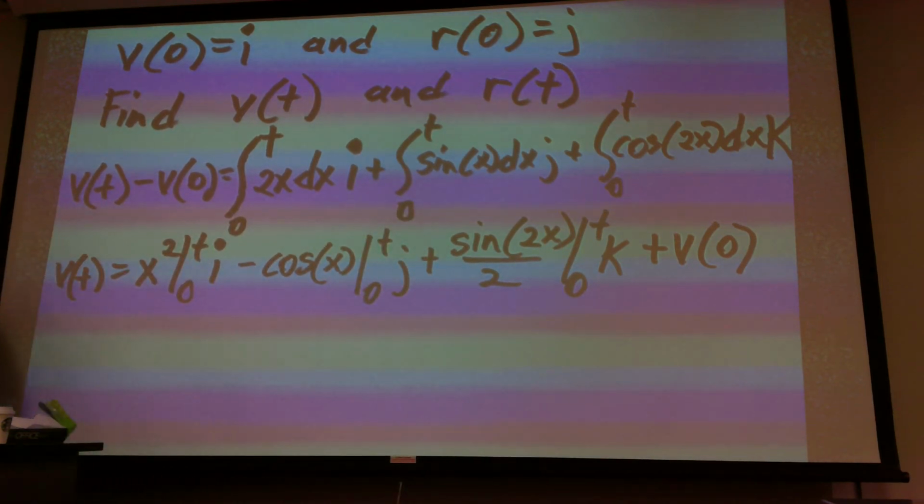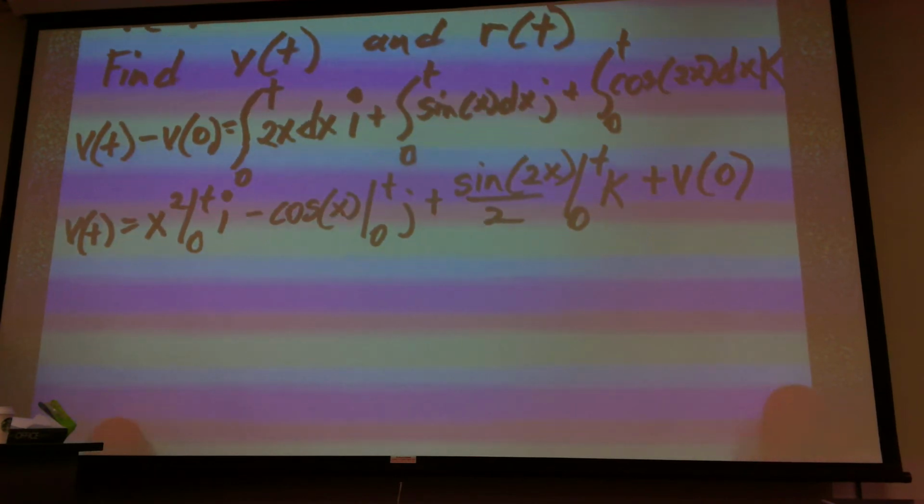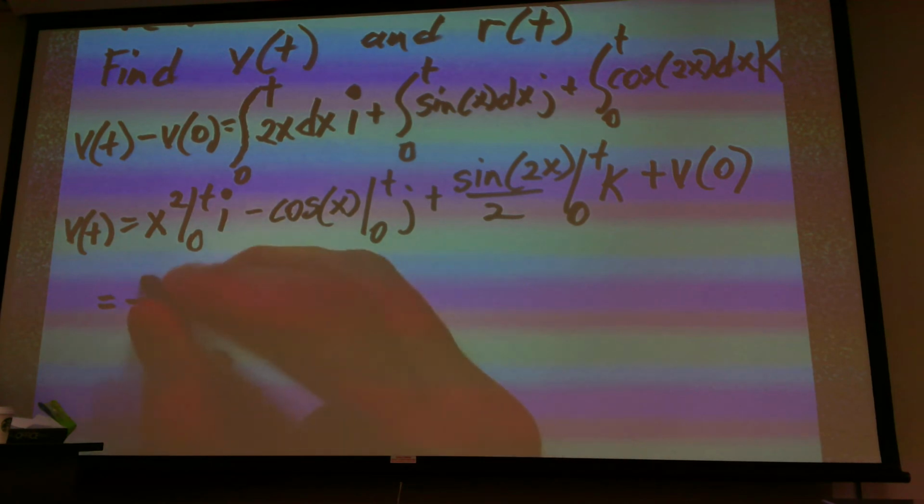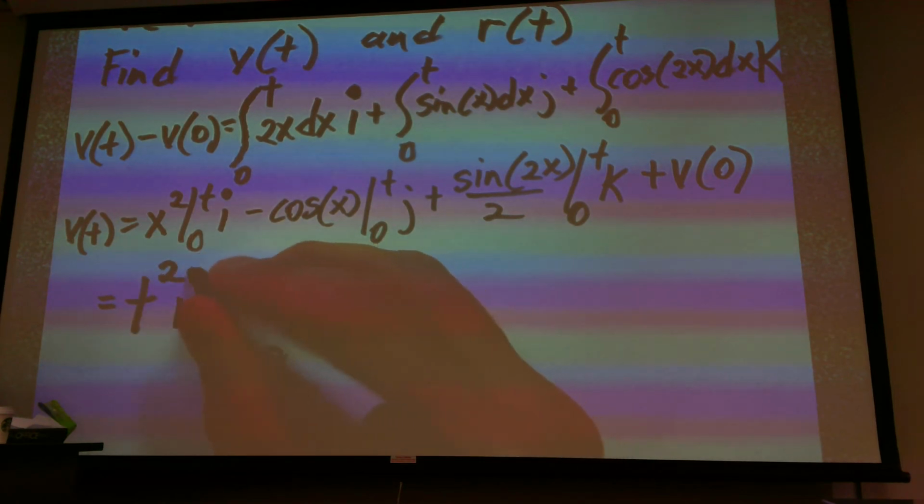So what is this going to give me? This is going to give me that v of t is going to equal, okay, t squared times i.